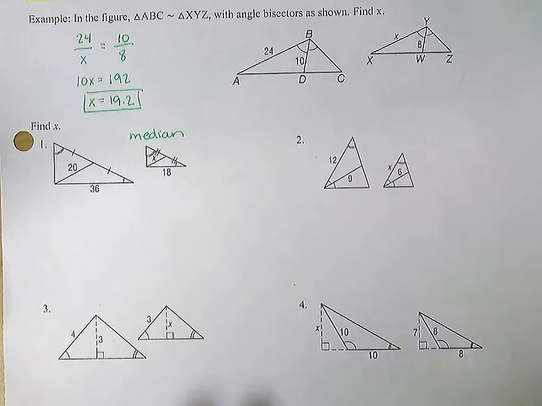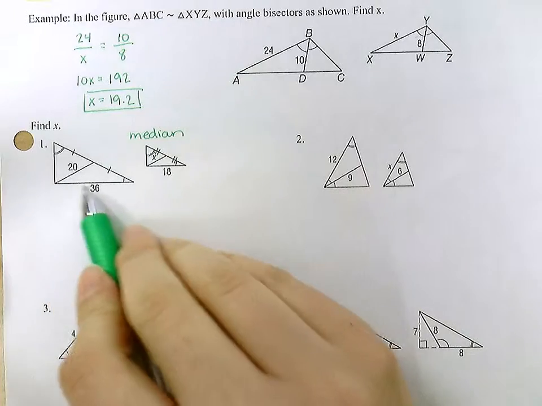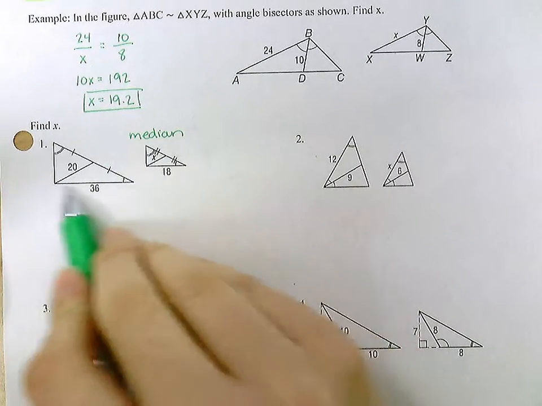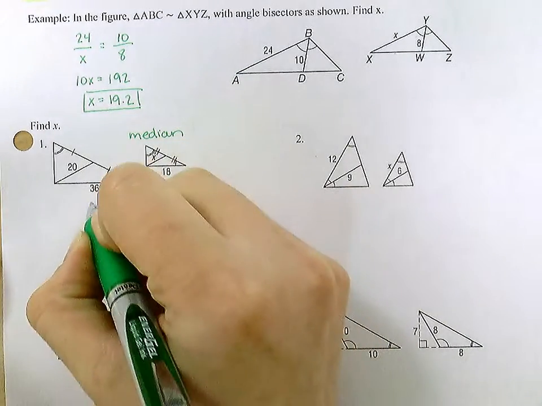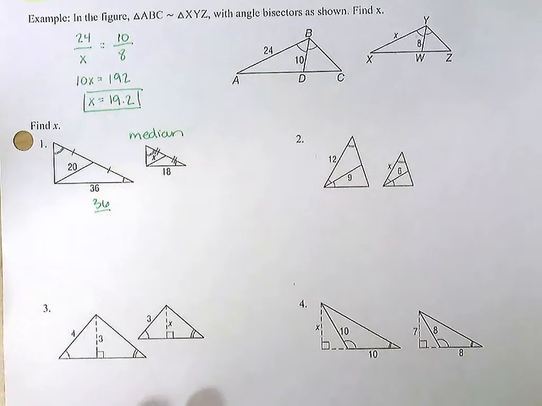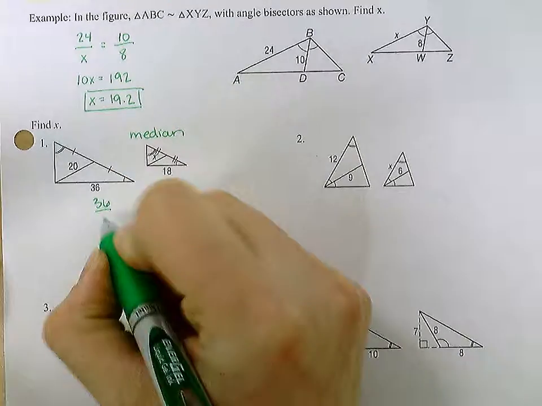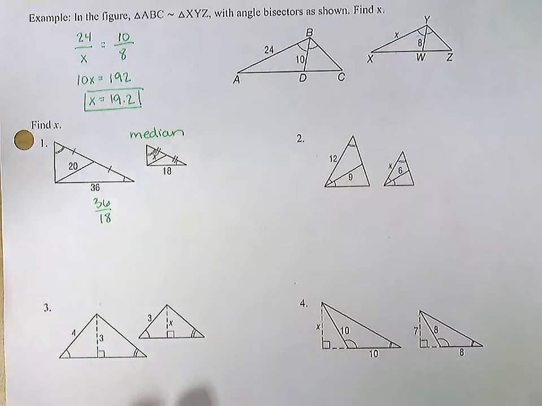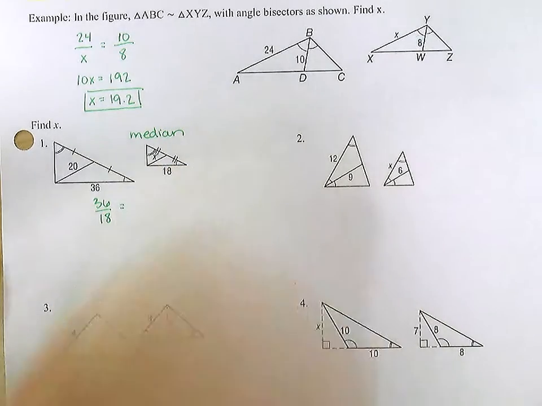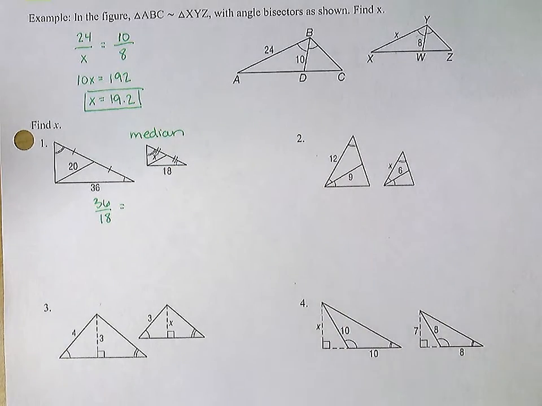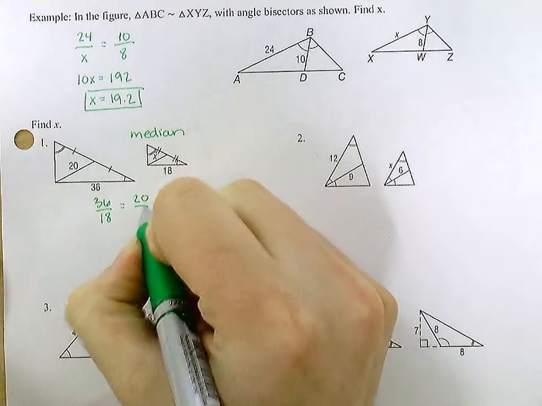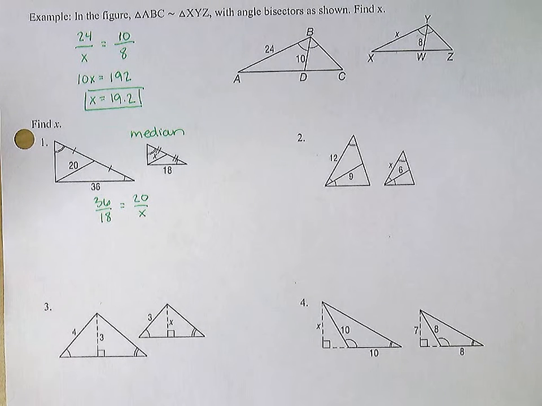From here, we can set up our proportion. I'm going to start with my first triangle here. This side is 36. What's its corresponding side? 18, so I'll write 36 over 18. It's equal to, what ratio is that one equal to? 20 over x. Good. Not so bad, right?